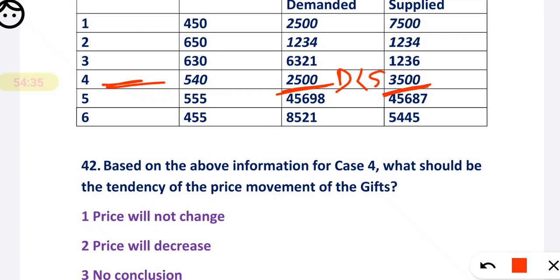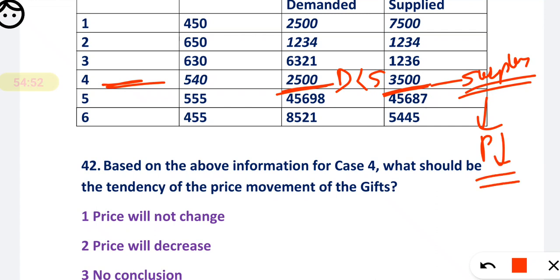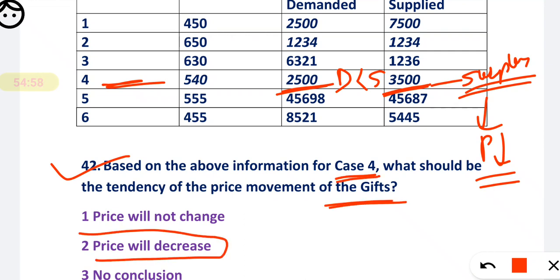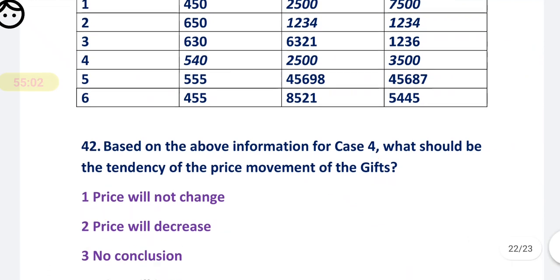That means your supply is more, so there is a surplus. There is excess. When there is surplus, there is excess quantity of products in the market, so obviously the price will go down. So obviously we can say for question number 42, case number 4, the price will decrease. So the second option for 41st question will be correct.